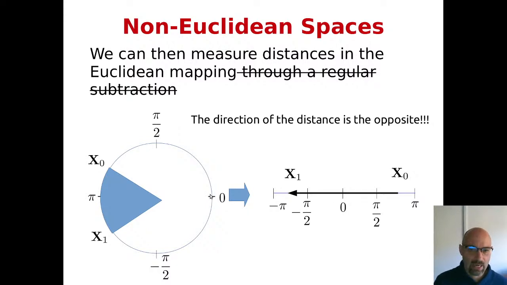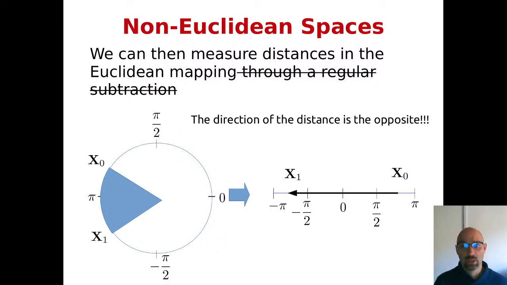Choosing the 0 angle as the origin of my mapping caused the loss of validity of my Euclidean mapping basically around pi, no? Because this is the point where I have to cut the circle to morph it into a line, and whenever I cut, basically I lose the possibility of calculating distances along the path that I've cut.